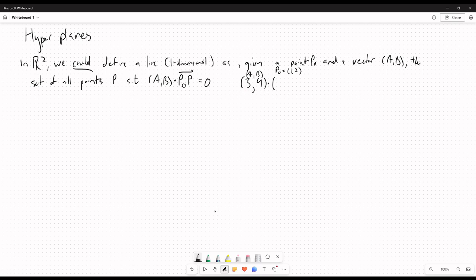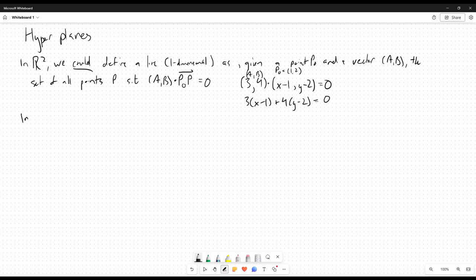Well, this displacement vector would be given by x minus 1, y minus 2, and the dot product equals 0, giving us the line 3 times x minus 1 plus 4 times y minus 2 equals 0, which if you rearrange, you'll be able to convince yourself is in fact a line. Okay.